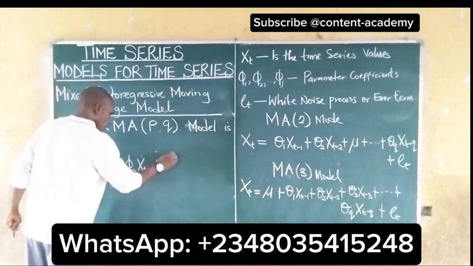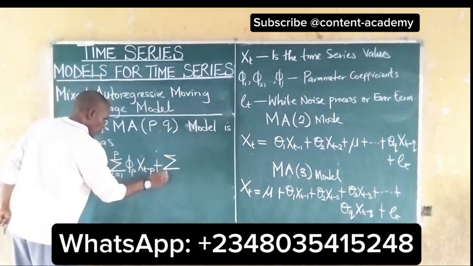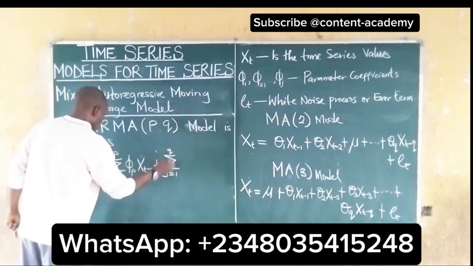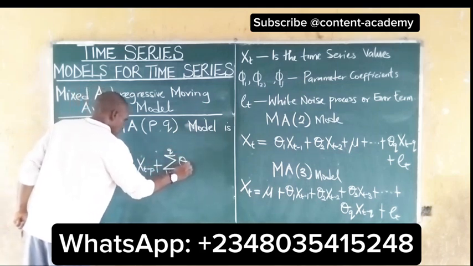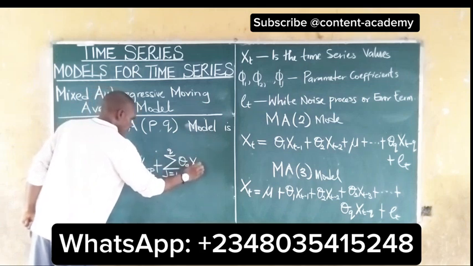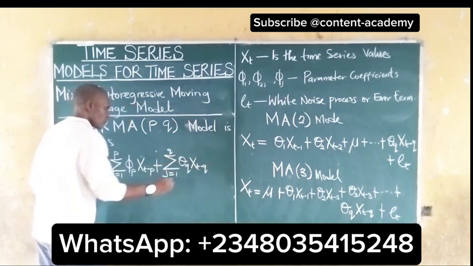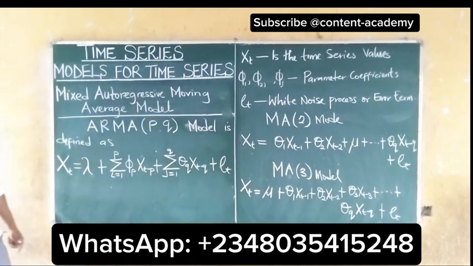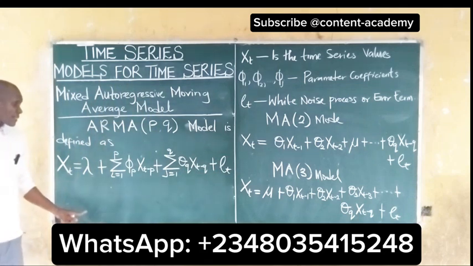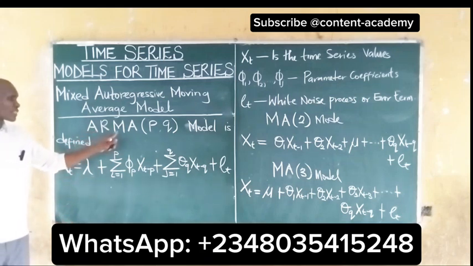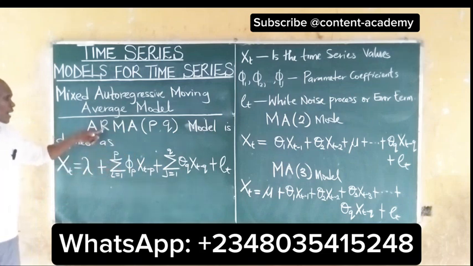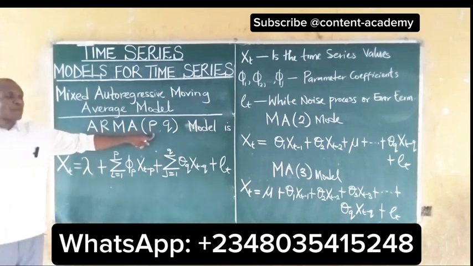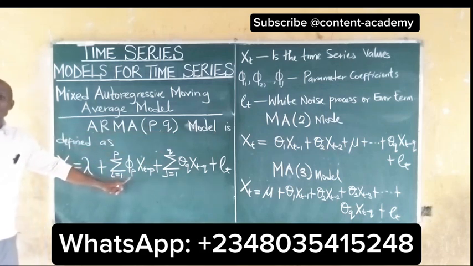Now we have summation of j running from 1 to q, theta j e t minus j, plus et. So this is what we get if we want to write the model for the autoregressive moving average. So the ARMA model of order p, q is this.